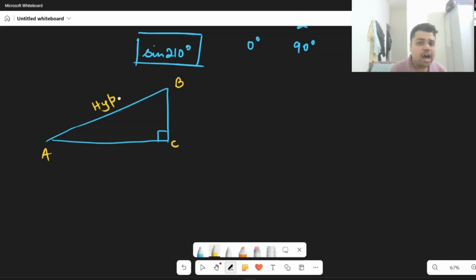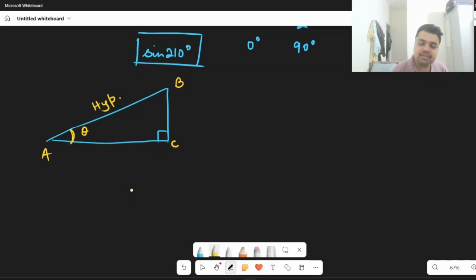Now tell me, how do I get to know which side will act as perpendicular or base? We don't know exactly, right? But there is a trick: the theta we are talking about will determine which side becomes perpendicular or base. Okay, so now suppose this angle A is theta.